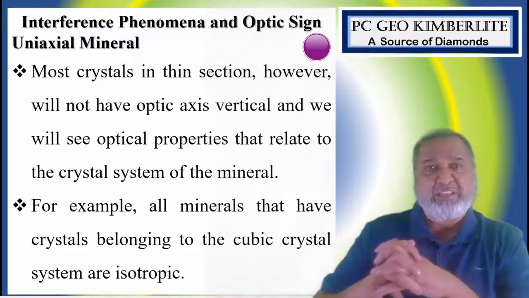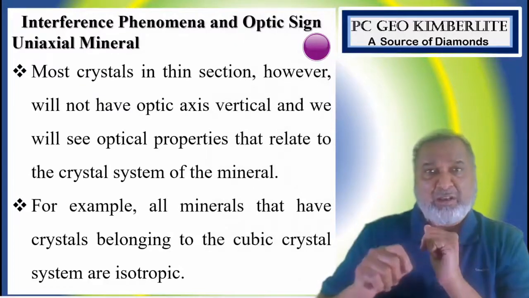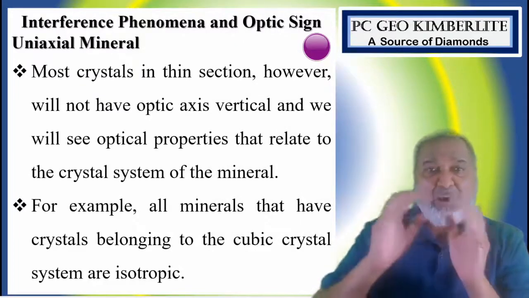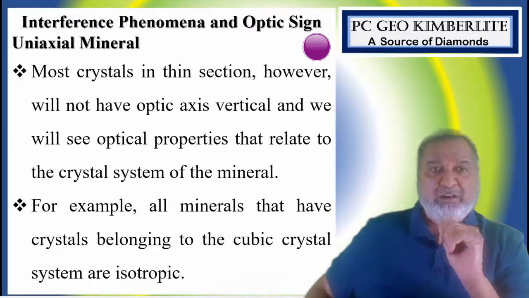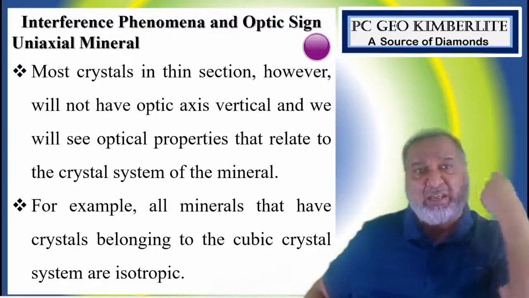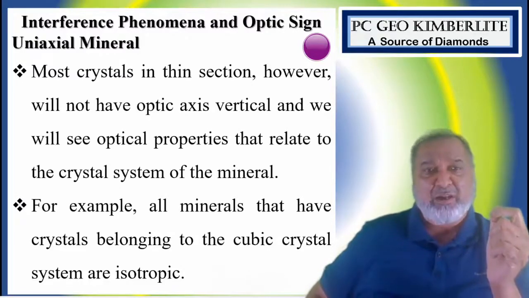Most crystals in thin section, however, will not have the optic axis vertical, and we will see optic properties that relate to the crystal system of the mineral. For example, all minerals with crystals belonging to the cubic crystal system are isotropic.